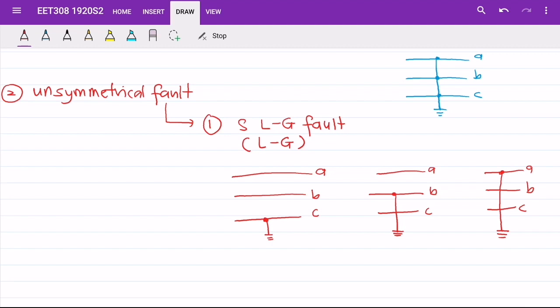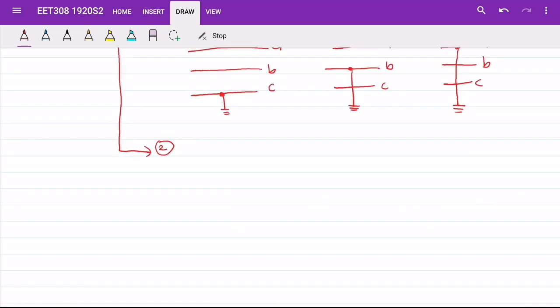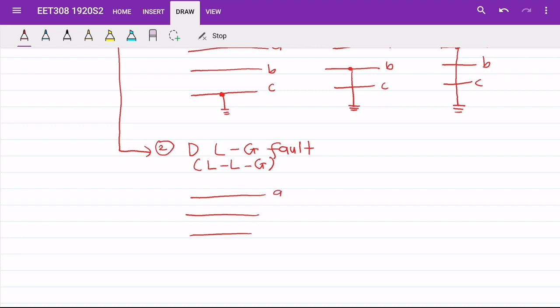The second fault in unsymmetrical fault we call a DLG fault, or LLG. DLG fault, double line to ground fault, or sometimes we call it line to line to ground fault. So how to draw the connection of DLG fault? We have A, B, C lines. Two lines will be connected together.